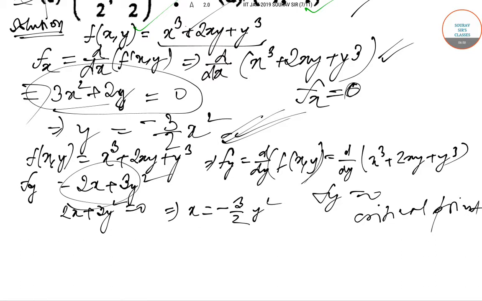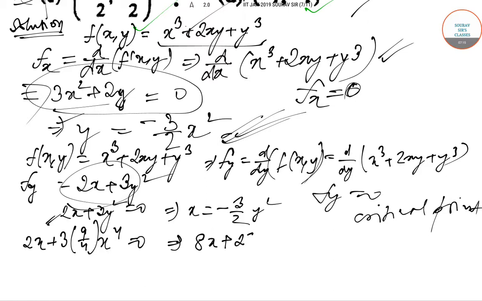Okay, so we have got the value of y, we have got the value of x. So now it can be written as 2x plus 3 of 9 by 4 x to the power 4 equal to 0, which follows 8x plus 27x to the power 4 equal to 0.